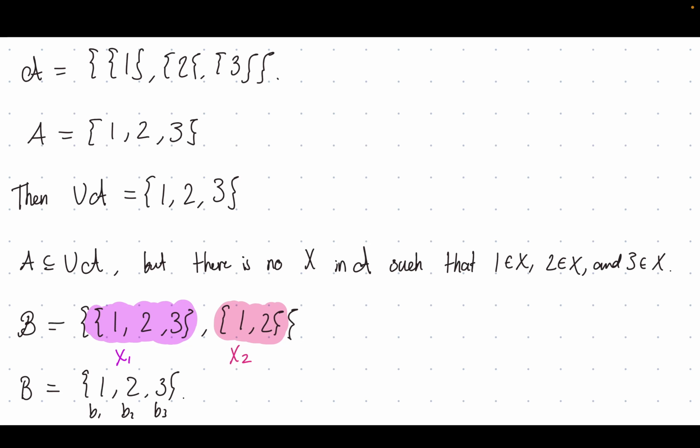So every A in the power set of the union of script A, meaning that every A that is a subset of the union of script A, has to have an X, or there must exist an X that contains all the members of big A. In more mathematical notation, which is what I'm comfortable with: for all A in the power set of the union of A, there exists some x in script A such that A is a subset of x.